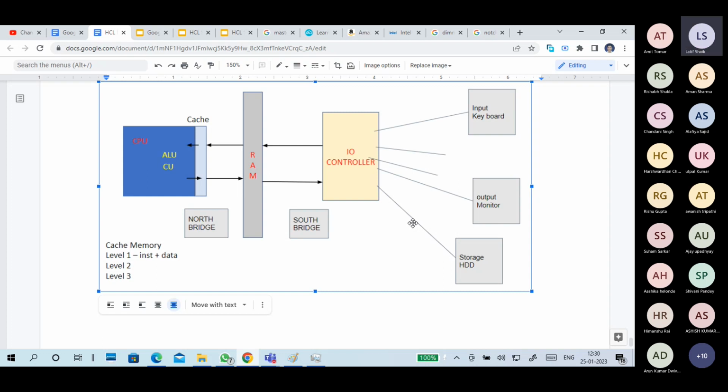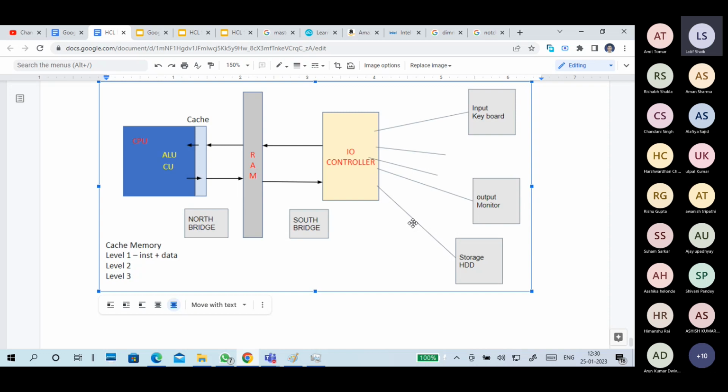In our motherboard, we also have a north bridge and south bridge. In any new type of motherboard, north bridge and south bridge are integrated together, with no separate bridges. But in olden days, we had a separate north bridge and south bridge. They are nothing but chips.